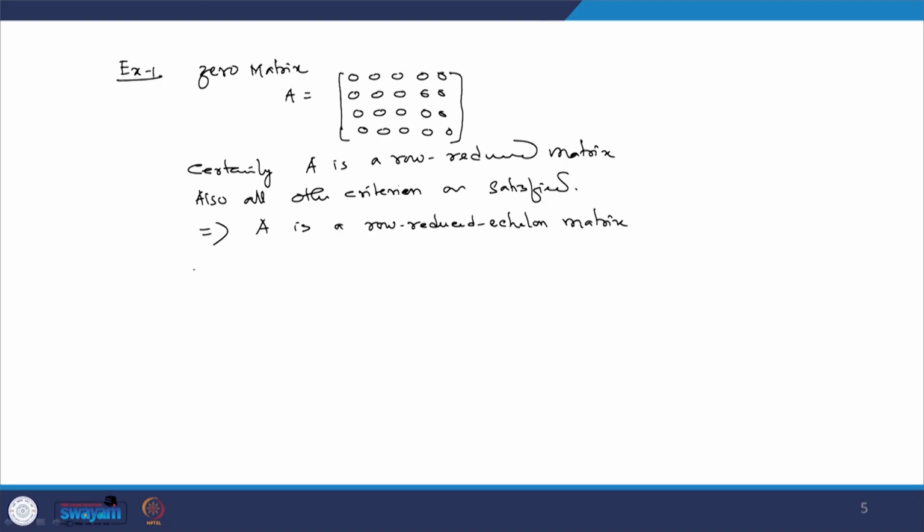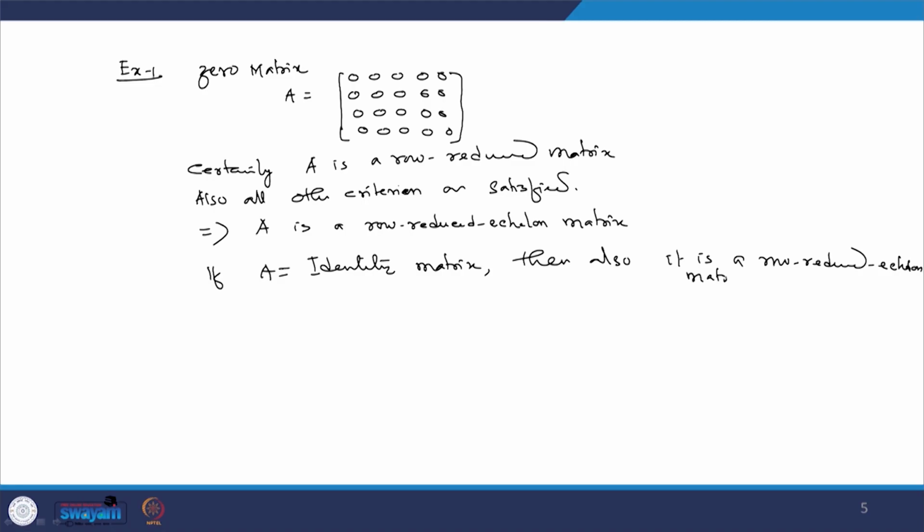Similarly, if A equal to the identity matrix, then also it is a row reduced echelon matrix. Now, let me take some non-trivial examples.